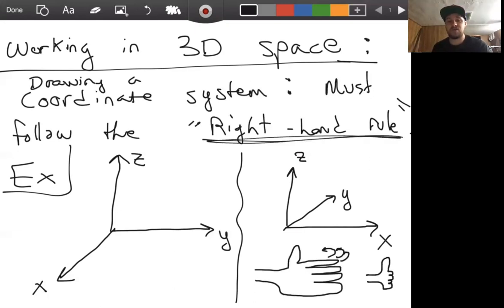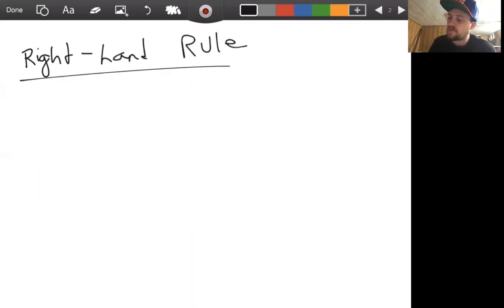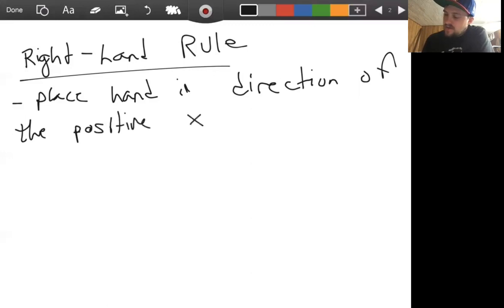So you can always check this, right? Let me list out the steps here and then show you an example of one that fails. So place hand in the direction of the positive x-axis. That's the first step.